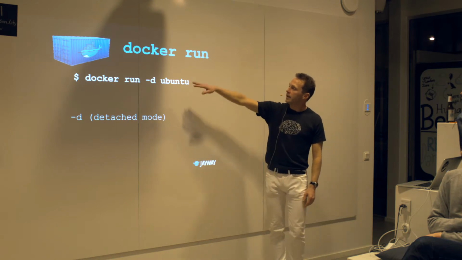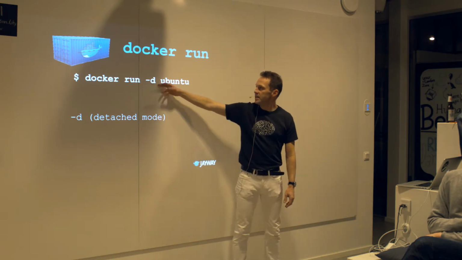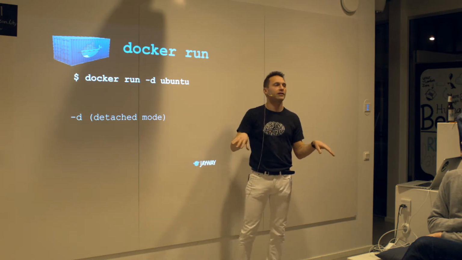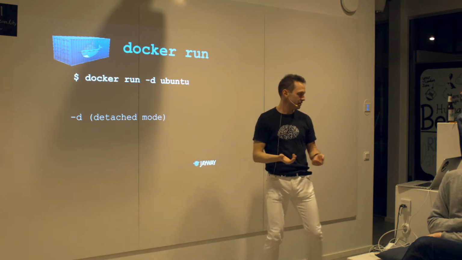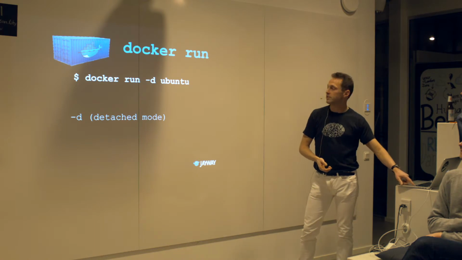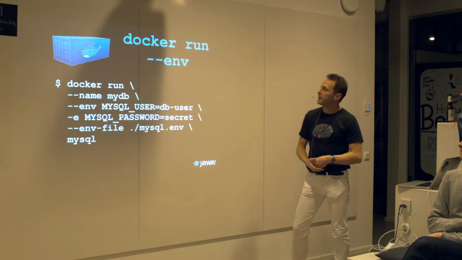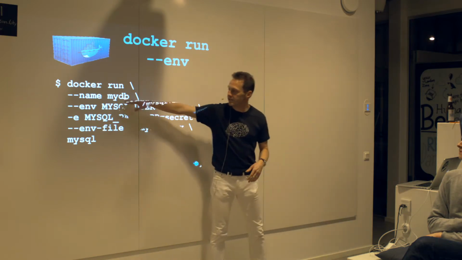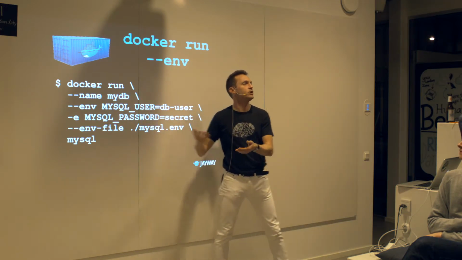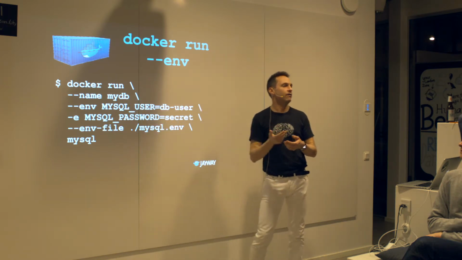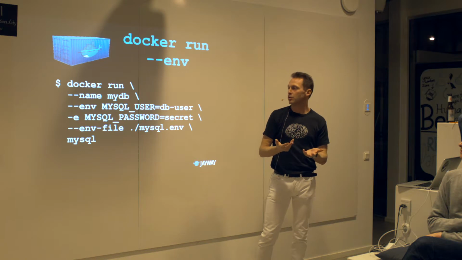So here, if I use docker run -d and then an image, I'll run in detached mode. So that means I can write another command right after that. So it's similar to a background process. I can also give my container a name, which will allow me to refer to it by this name instead of the ID that I'm given normally.